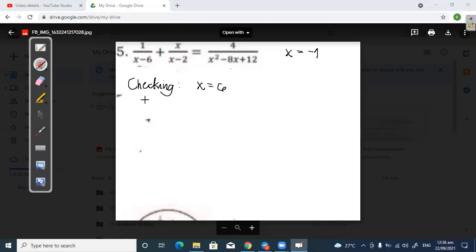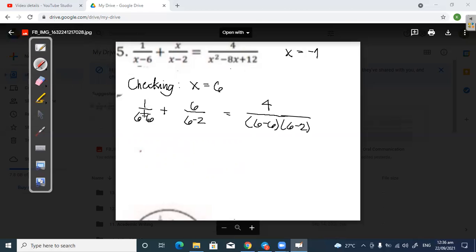Okay, direct substitution, 1 over x minus 6, means 6 minus 6, plus 6 over 6 minus 2. Again, x is equal to 6, and this is 6 over 6 minus 2. Again, factor lang din natin, tulad kanina, 6 minus 6 times 6 minus 2.